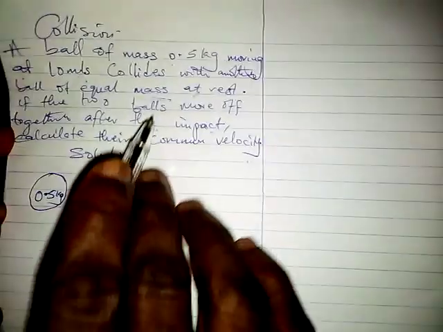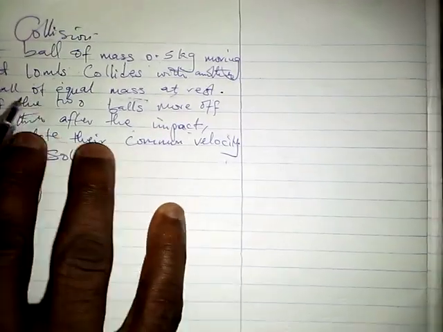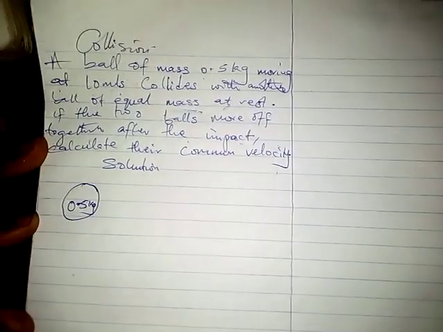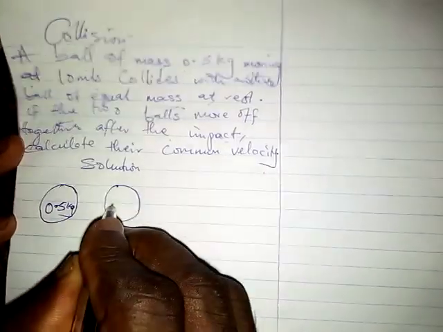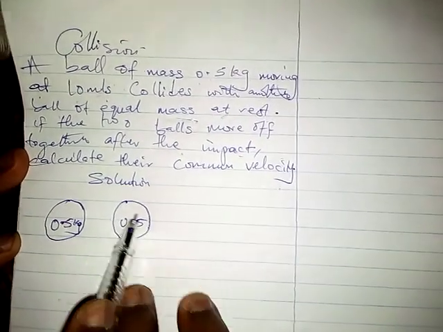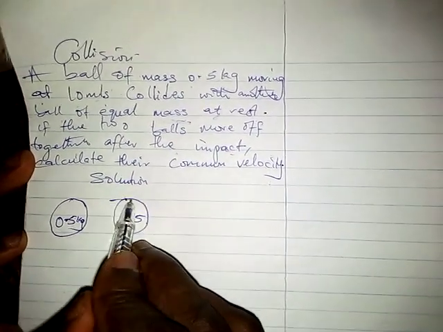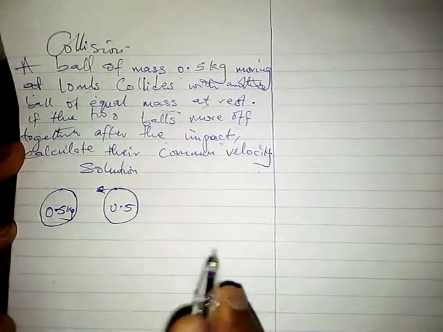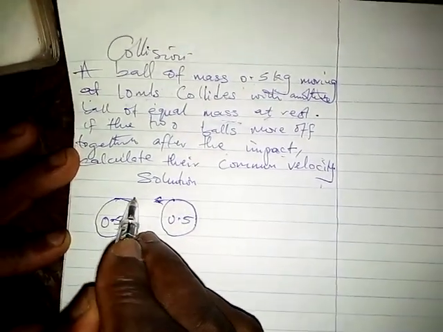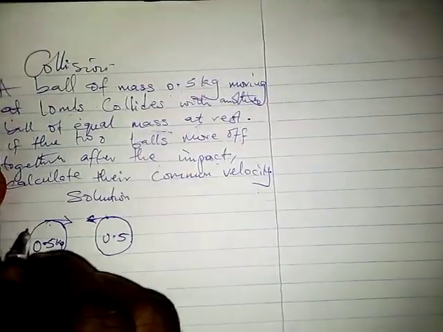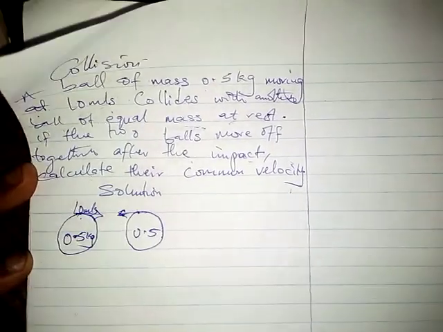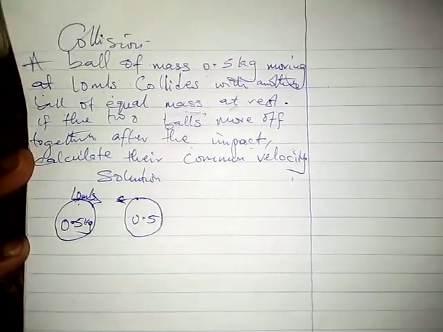All right, collides with another ball of equal mass. What does that mean? It means that there's another ball somewhere here of 0.5. Now this time around, the ball in question is at rest, while this one moves with an initial velocity of 10 meters per second, right?